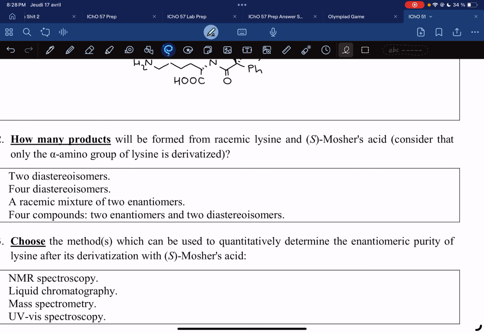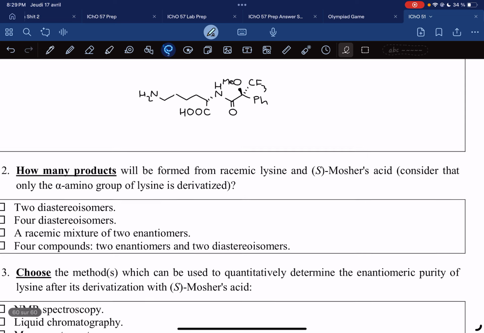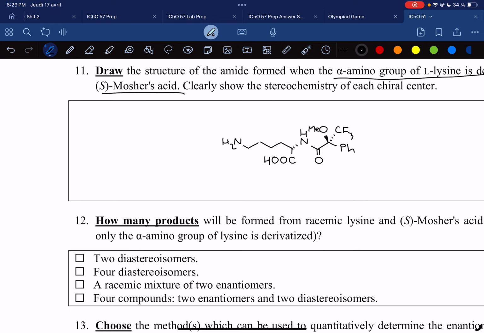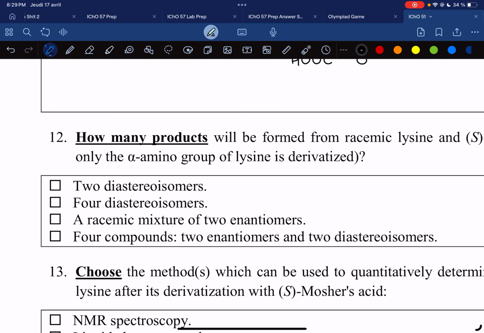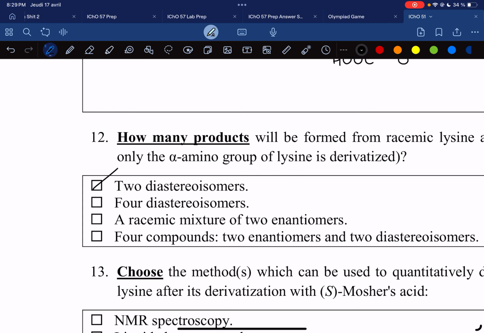How many products will be formed when racemic lysine reacts with S-Mosher's acid? Consider that only the alpha amino group is derivatized. So let's say we have a racemic lysine. So this can either be a wedge or a dash. So with pure S-Mosher's you will get 2 diastereomers.